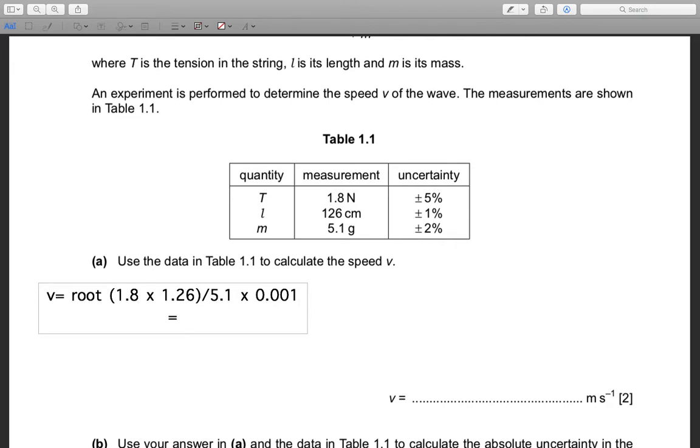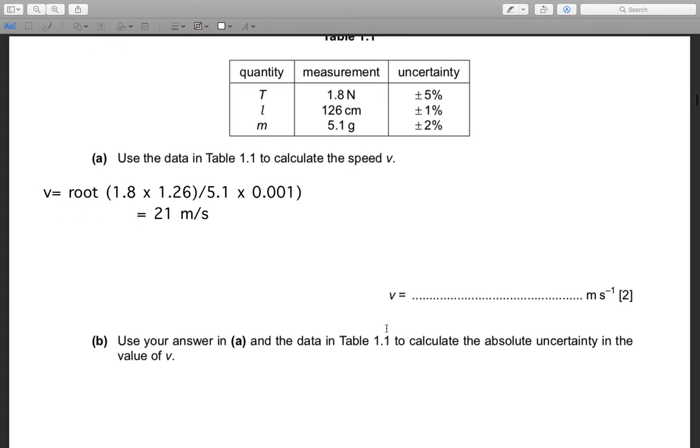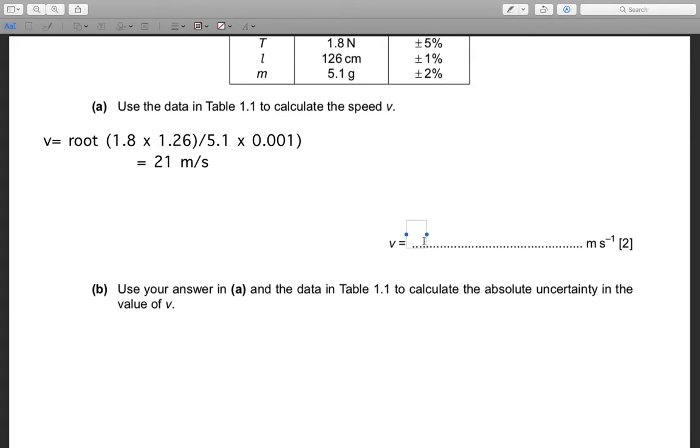After we calculate with the calculator, we get around 21 meters per second. So the answer here is 21 meters per second.